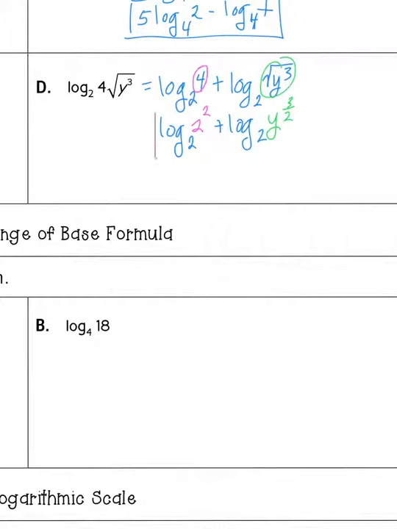Remember, this value right here has a value of 1, so it means that the exponent of 2 is going to be my answer there. And then this can loop in front, so I get plus 3/2 times the log base 2 of y. And then that is our final expanded form of that log.